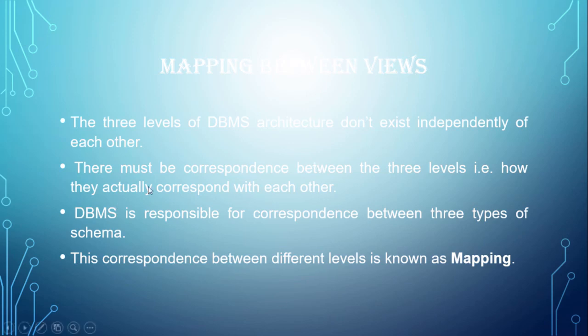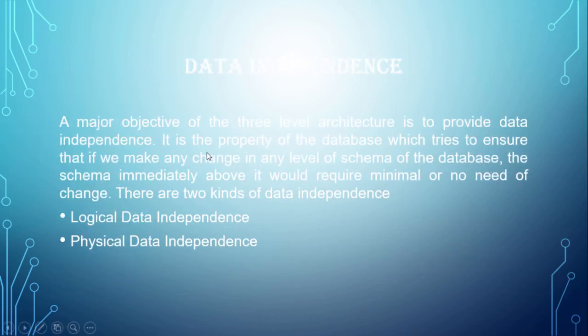Now, one more thing I would like to discuss, that is data independence. A major objective of the 3 level architecture is to provide data independence. When we make a change in one level of schema of the database, the schema immediately above it requires minimal or no change. This is known as data independence. Now we have 2 types of data independence: logical data independence and physical data independence.